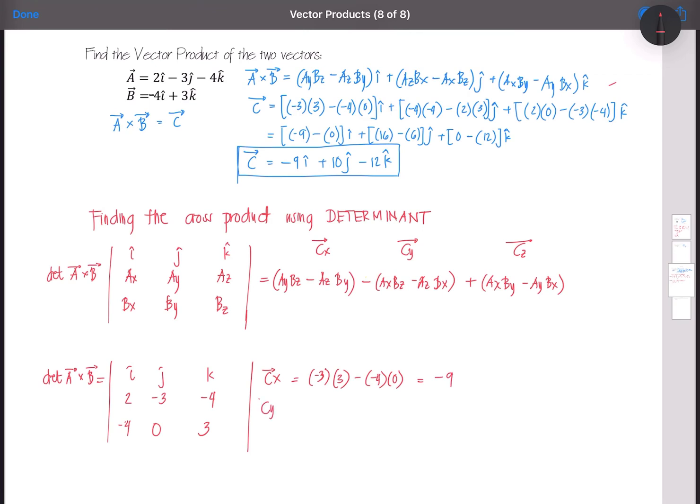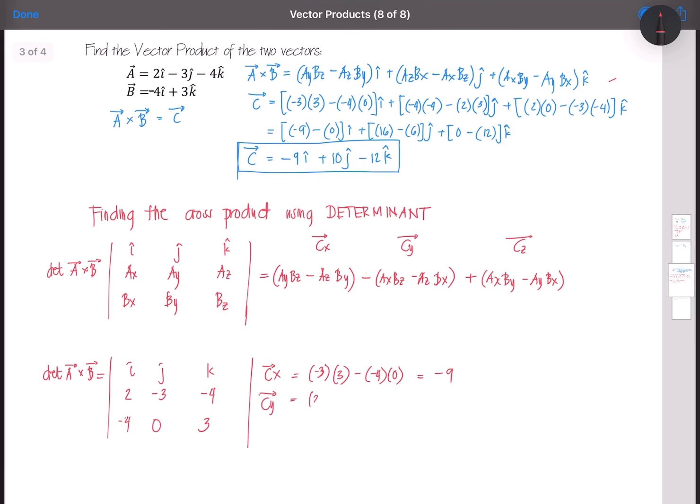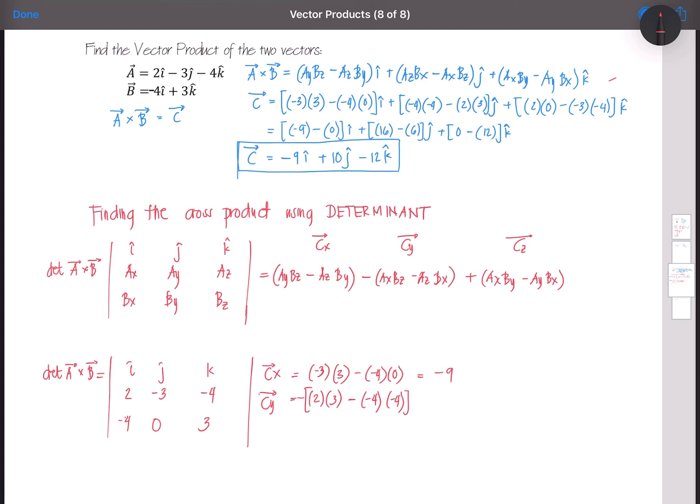Then we have CY. Cover j hat: 2 times 3 minus negative 4 times negative 4, which gives 6 minus 16, that is negative 10.